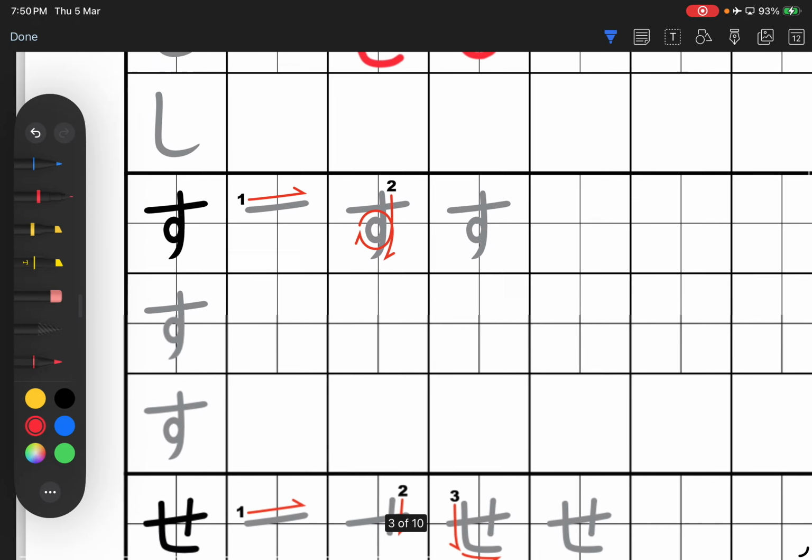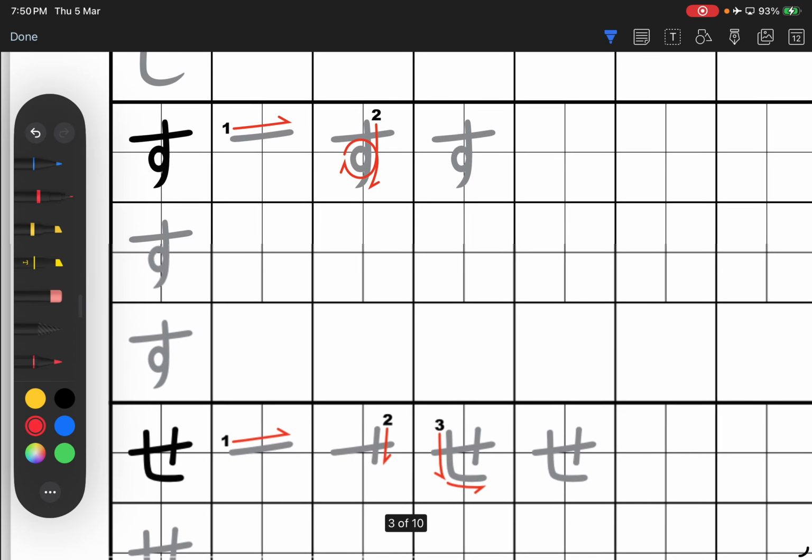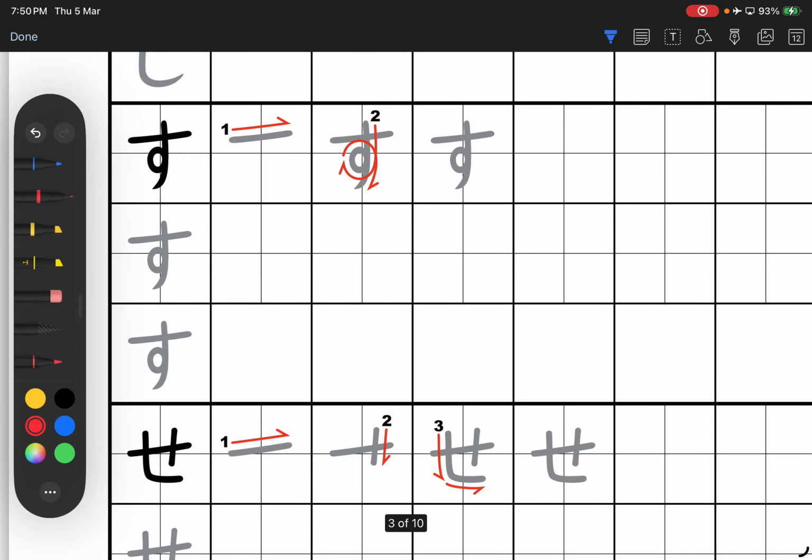Next we have su. Okay, su is one horizontal line, one vertical line, go one circle, come down. Okay, some of you might write it like that. Right, this part is very ugly there.